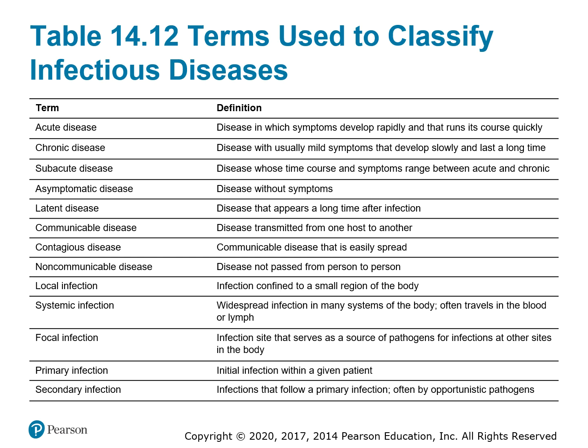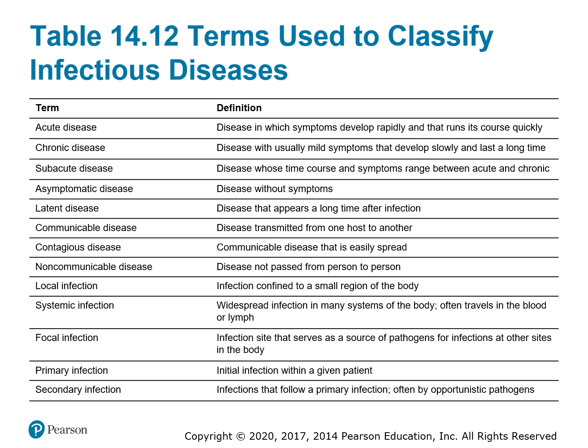Latent diseases are ones that appear after a long time in incubation. Remember, we were talking about Hansen's disease a few minutes ago. It could show up 30 years later. Communicable diseases are ones that are transmitted from one host to another. Contagious are ones that are easily spread. Non-communicable diseases are ones that are not passed from person to person.